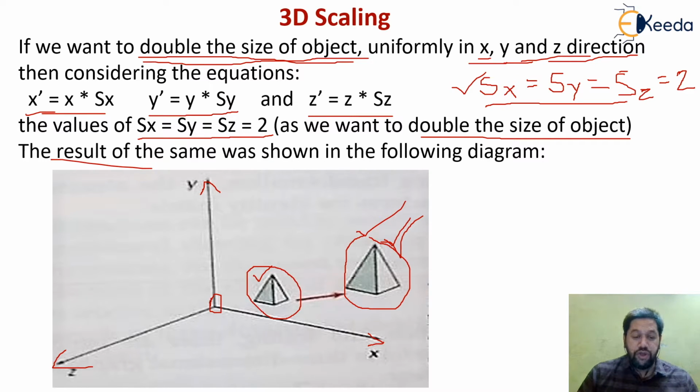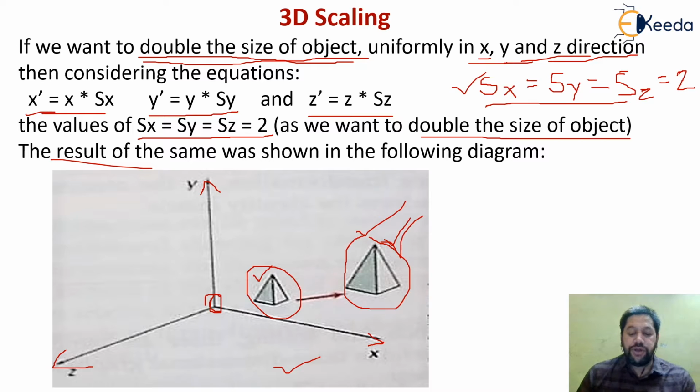So with respect to the origin, I'm doubling the size of this object, and this diagram represents this. So this is a very simple example of three-dimensional scaling, showing how a three-dimensional object will look when I double its size.